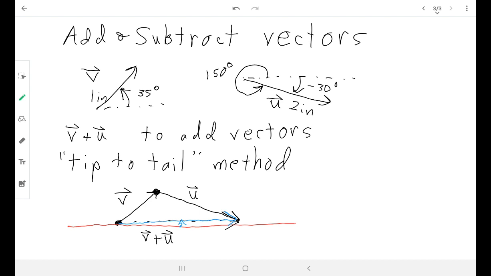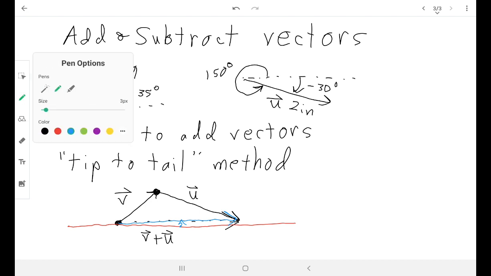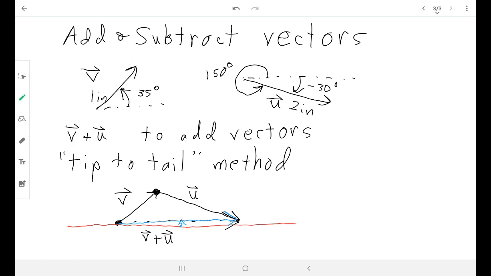Okay? So that's adding vectors. And I hope that's fairly clear. If you want to do more than two together, you get two of them and then do a third one.